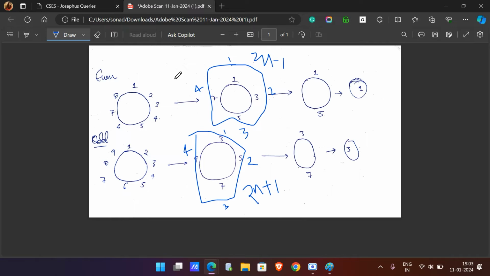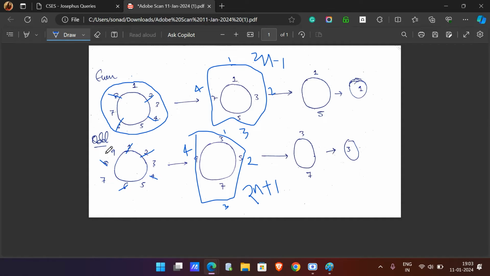Like if our k is less than or equal to (n plus 1) by 2, because for the even case the number of children that I could remove is 4, but for the odd case, if I have 9 children, then I can remove 5. So it's (n plus 1) by 2 children that I could remove.